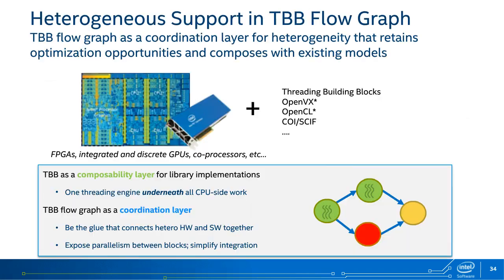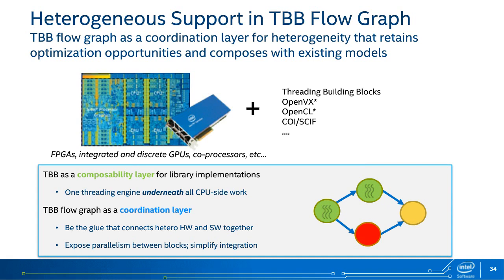Over the last couple of years, we've been extending the TBB Flow Graph API to support offload to heterogeneous devices like accelerators. I'm not going to go into much detail in this presentation, so I would refer you to additional videos that we're going to post and TBB documentation.